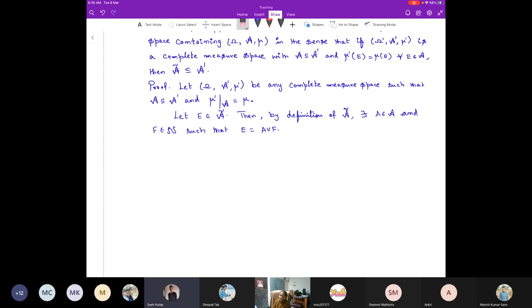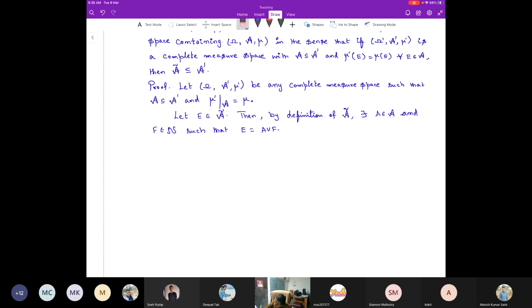Such that E is of the form A union F, and then there exists a B belonging to A such that F is contained in B and mu of B is 0. And then what we will do is we will show this.